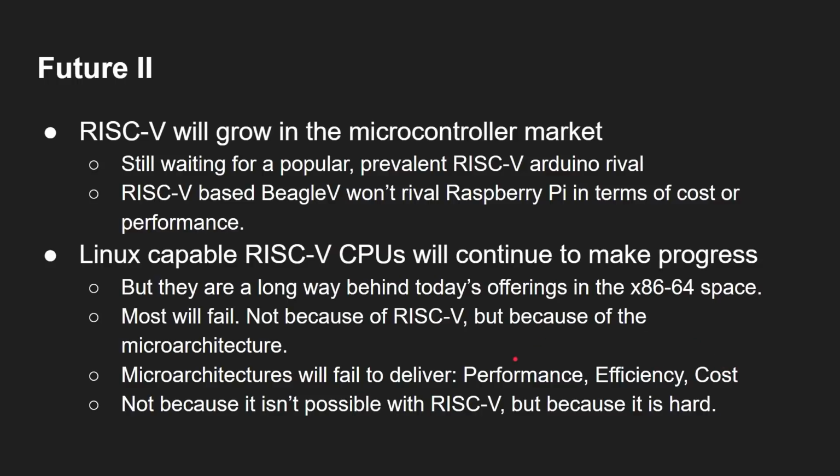And to do that from a small company and then leap into something everyone goes, wow, that's a chip we need to use. So not because of RISC-V per se, but because it's hard. And there are only a few companies in the world that are managing to make higher performance, efficient and cost-effective processors. Intel, ARM, Apple, those kind of people are doing this, and it will be hard for RISC-V to get in there and do that.